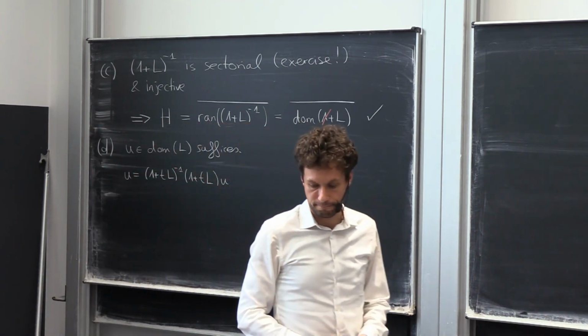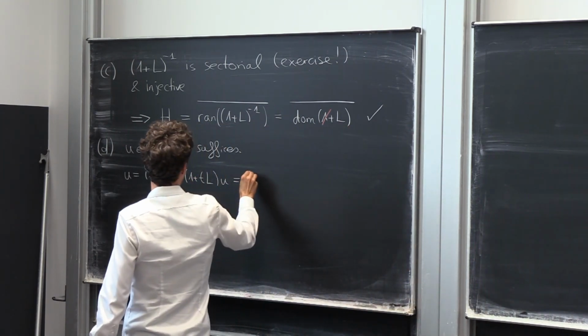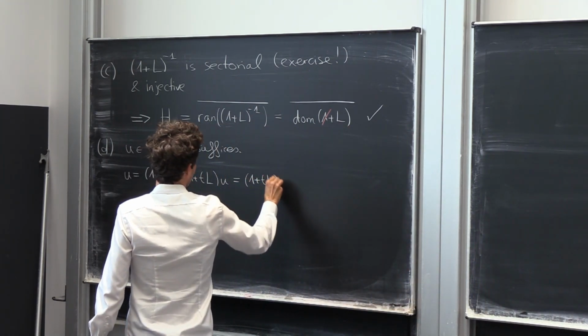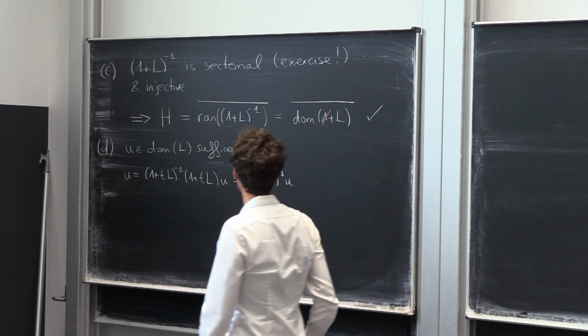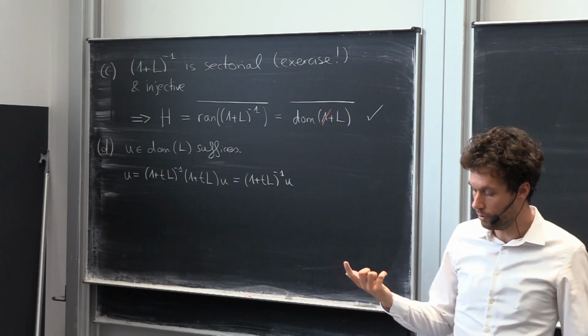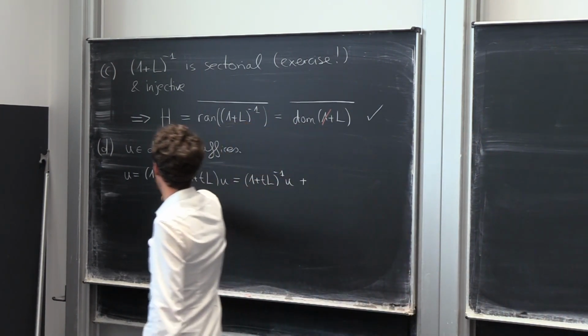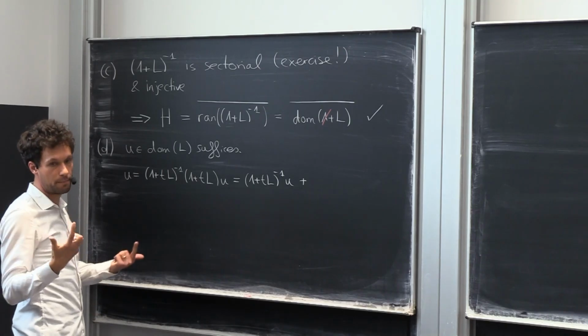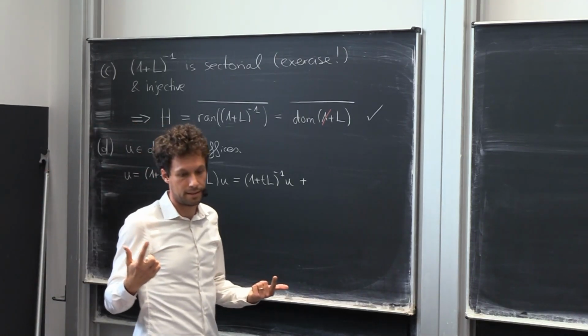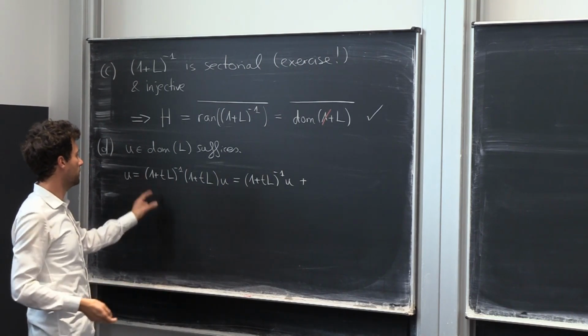And now I'm separating the two elements. Gives me (1 plus TL) to the minus 1. This is the guy that should converge to U. So in other words, what comes out of the other calculation should be something that is bounded and goes to 0. Okay, should be an error term.